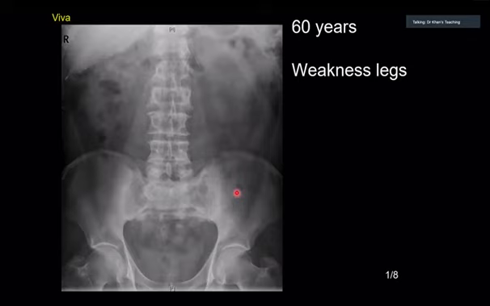Number 4, please. Can you please tell me if there is a vertebra which is abnormal? It looks like the L3 vertebra has reduced height. Any vertebra which is larger? What do you think?